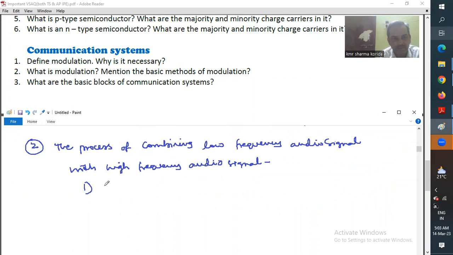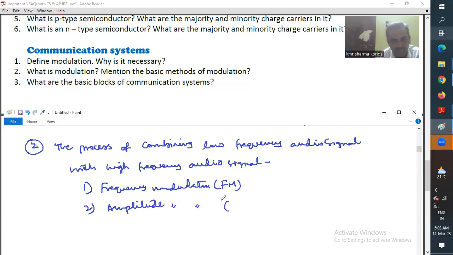The basic methods of modulation are frequency modulation, that is FM. Second is amplitude modulation, AM. So frequency gets modulated, amplitude gets modulated. And phase modulation, that is PM.